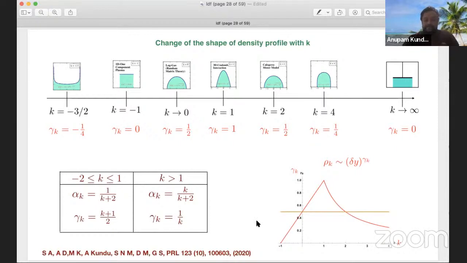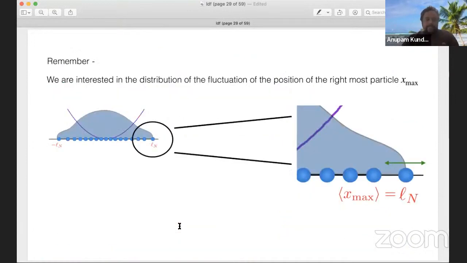So alpha_k is 1 over k plus 2 within this range for k less than 1 but larger than -2, and gamma_k is this. Whereas for k greater than 1, the function is different, k by k plus 2, and this is 1 over k. Good. But remember, we are interested in the distribution of the fluctuation of the position of the rightmost particle, x_max, for general k.